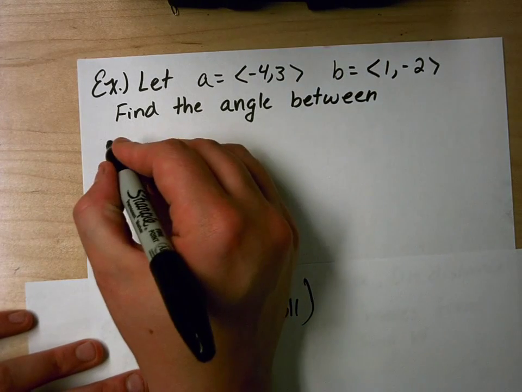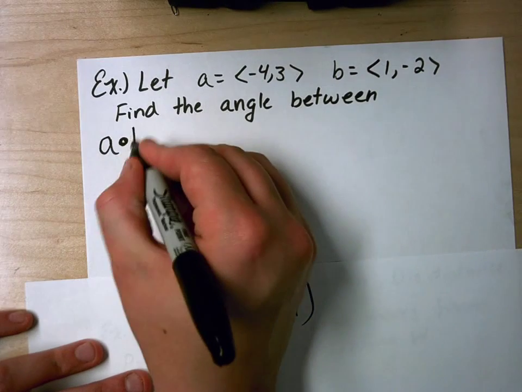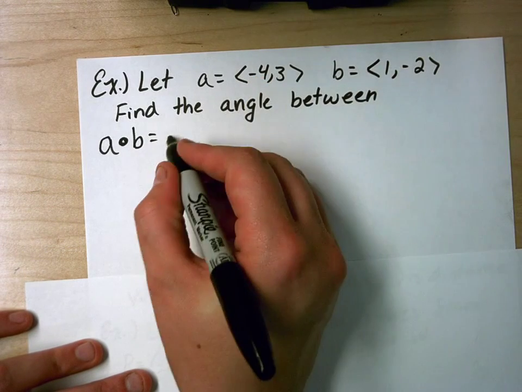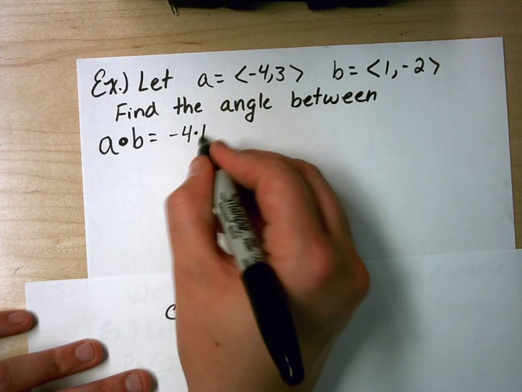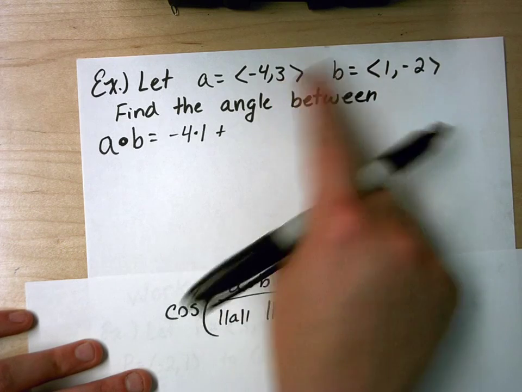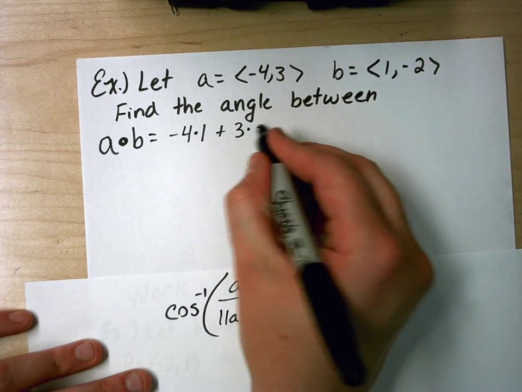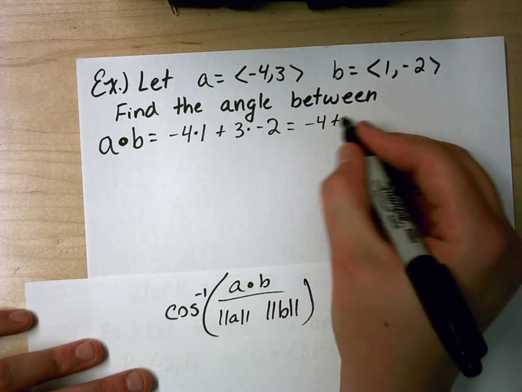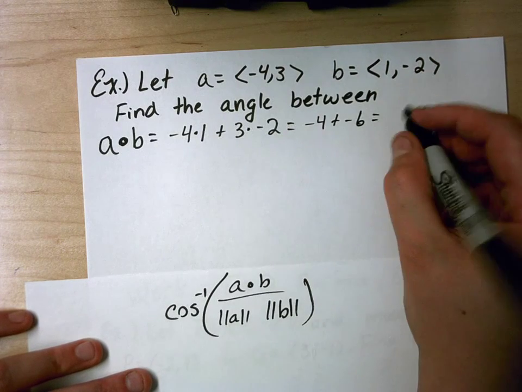First A dot B, which is -4 times 1 plus 3 times -2, and that's going to give me -4 plus -6, and that gives me -10.